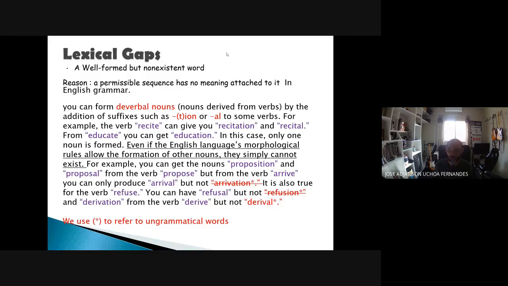Can you think of some other lexical gaps in English? Words that the word formation process, the suffixes, maybe could allow you to produce, but that don't exist? For example, inform, to inform.